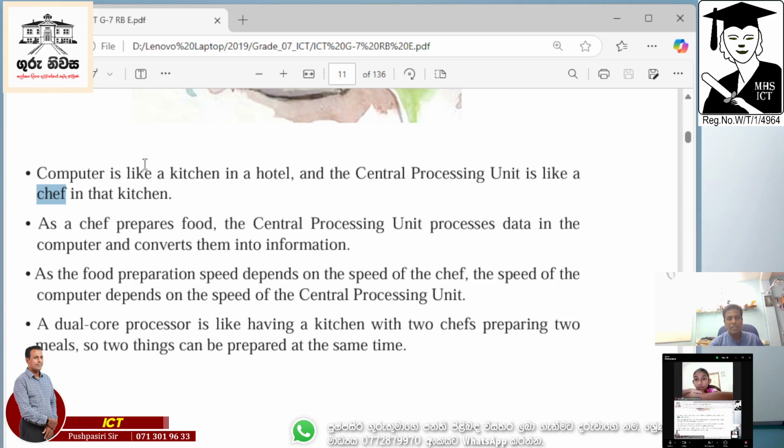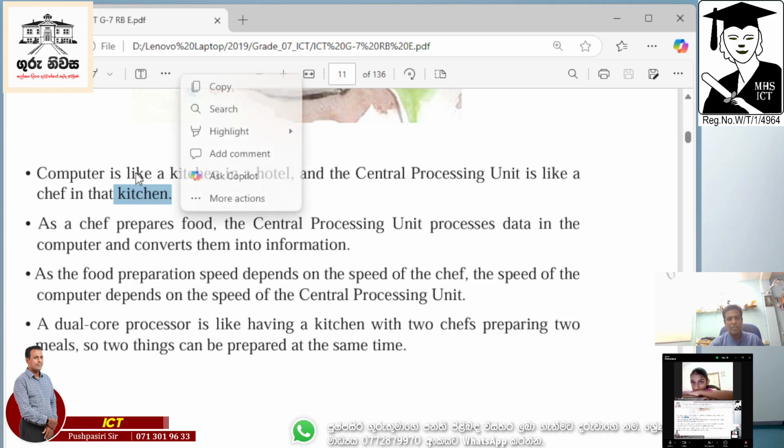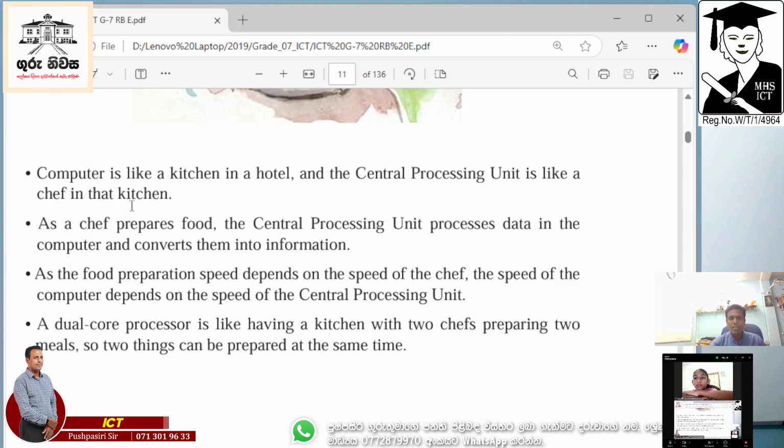And the kitchen is what? Place, yes, where that person is doing work. So where we cook is called a kitchen, right? Now the CPU is like a chef in a kitchen.